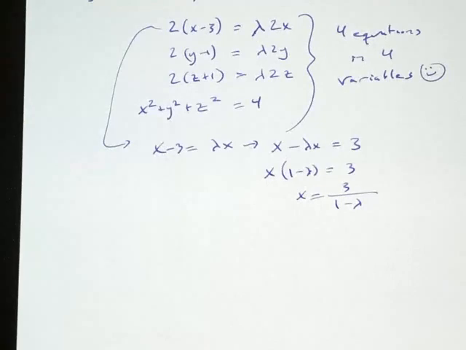Notice that the second equation only involves y and lambda. I could do the same thing there and write y in terms of lambda, couldn't I? And then in the third equation, I only have z and lambda. So I could write z in terms of lambda. Do that. Get me y equals and z equals in lambdas.